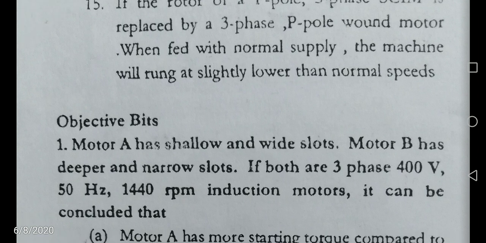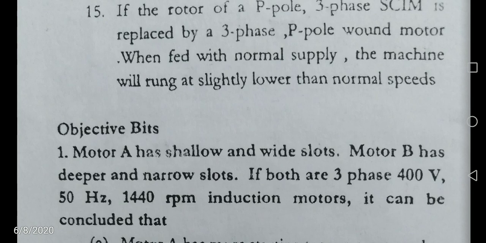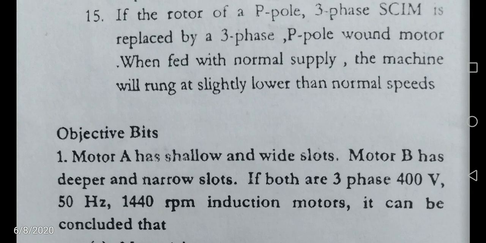Shallow and wide means there is a large air gap. Motor B has deeper and narrow slots. Deeper means the height is more, with a smaller air gap.